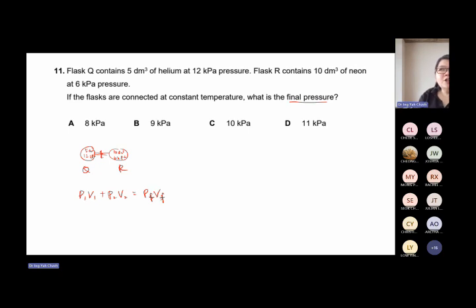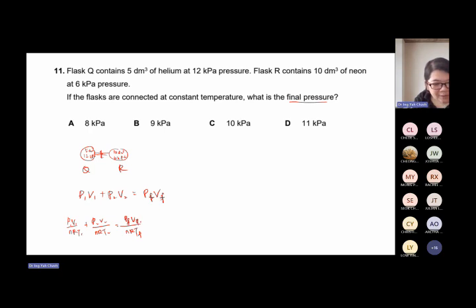This is actually following the ideal gas equation. It should be PV over nRT: P1V1 over nRT1 plus P2V2 over nRT2 equals P3V3 over nRT3 of final.